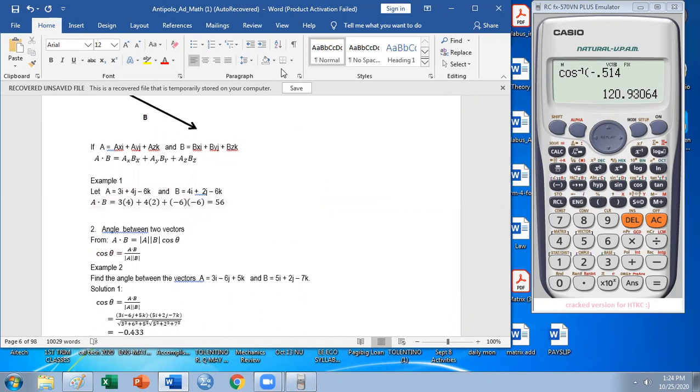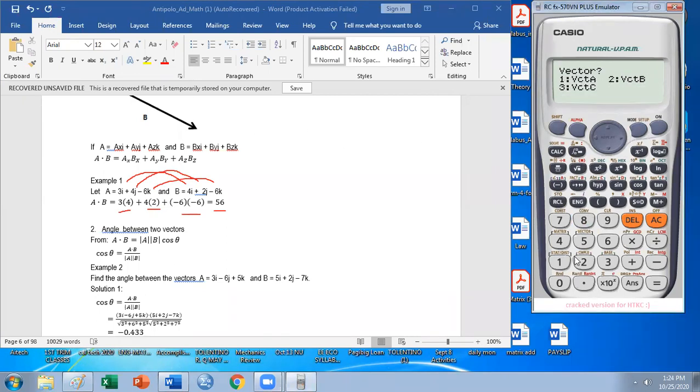What did we do? Just multiply. 3 times 4 plus 4 times 2 plus negative 6 times negative 6. That is 56. You can do this in the calculator, again in mode 8. Define vector A as 3, 4, and negative 6.